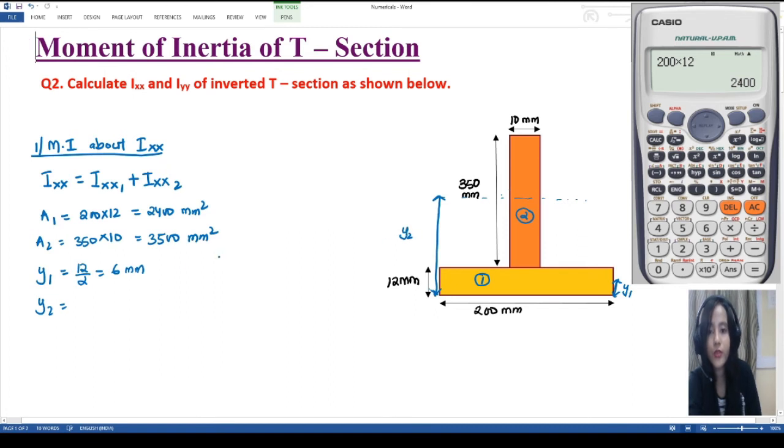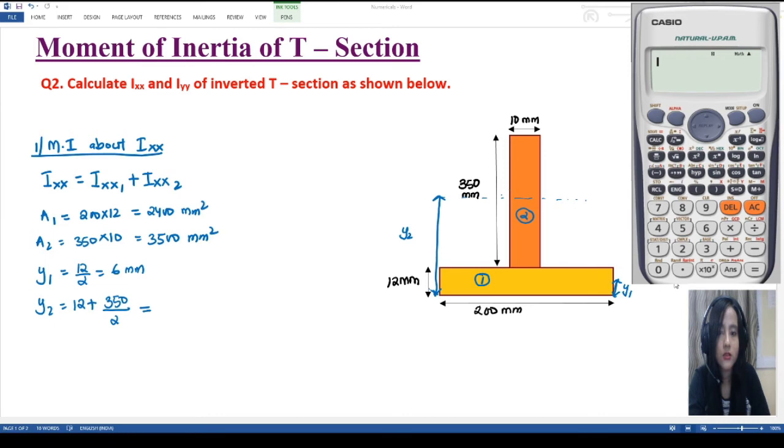So y2 will be 12 plus half the distance of the width portion, 12 plus 350 by 2, so this is equal to 187 mm.